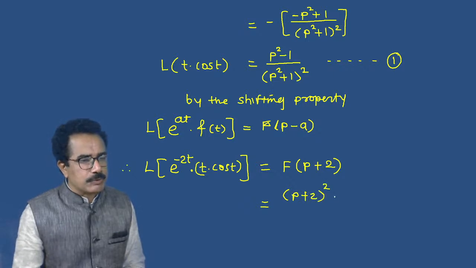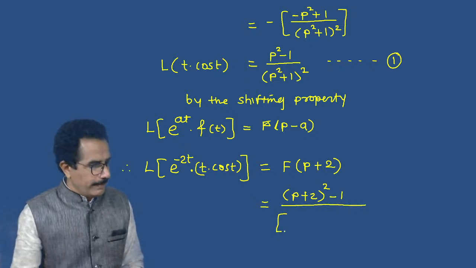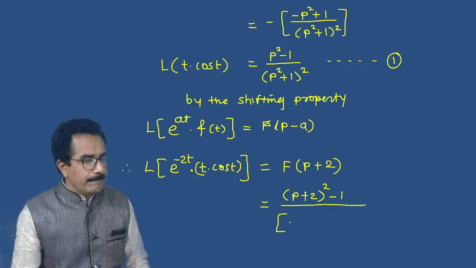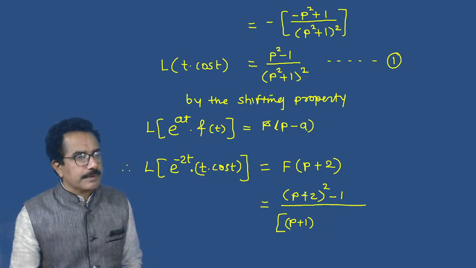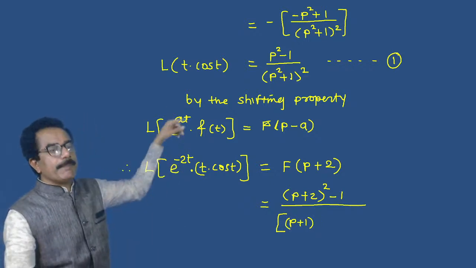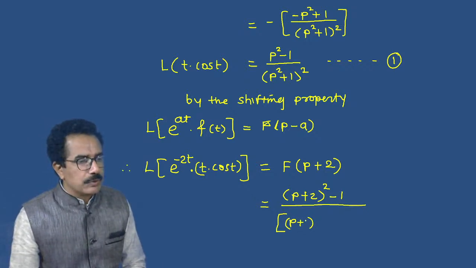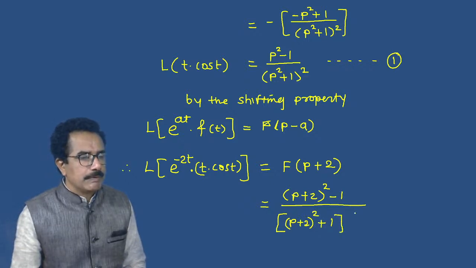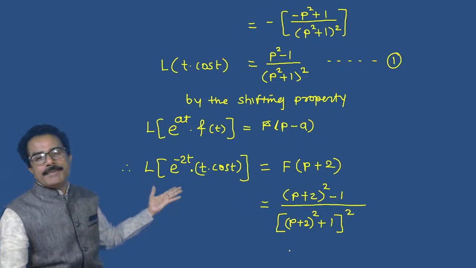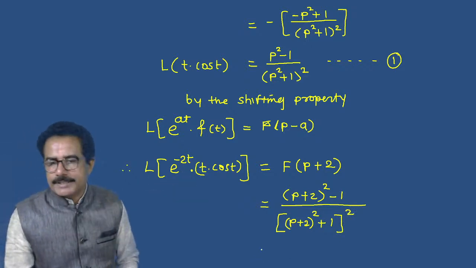bracket square minus 1 divided by inner bracket p plus 2. Here p square plus 1 is there, so we have to write p plus 2 bracket square plus 1, whole square. Now our aim is to solve this bracket. How can we solve?